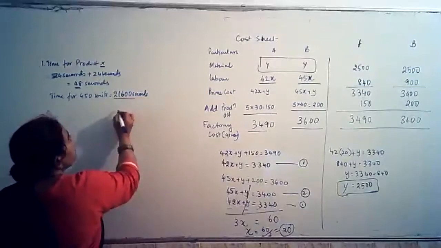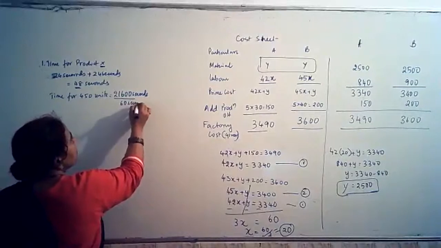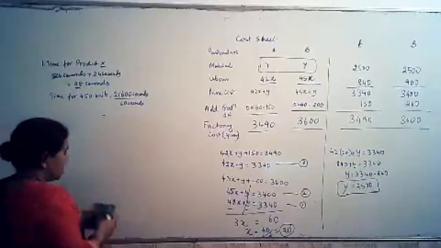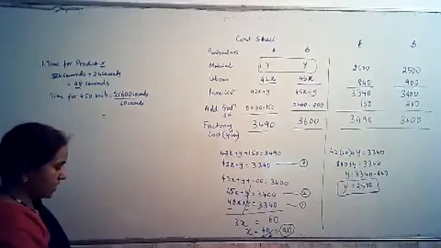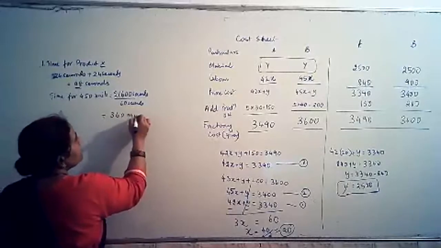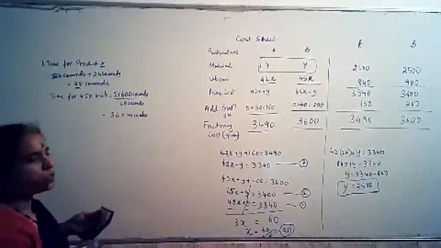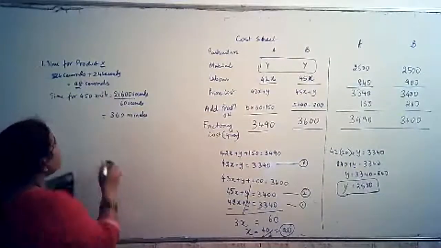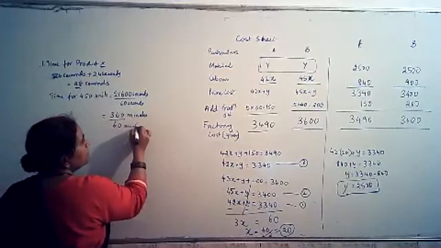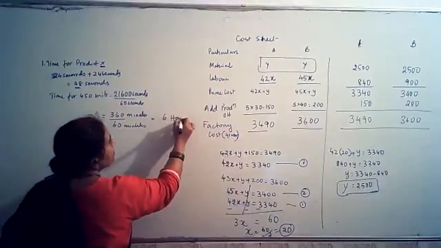Let's divide this by 60 seconds. Dividing by 60 seconds gives minutes. So this gives me 360 minutes. But I need hours, because minutes I cannot use. So let's divide again by 60 minutes. So this will give me a total of 6 hours.